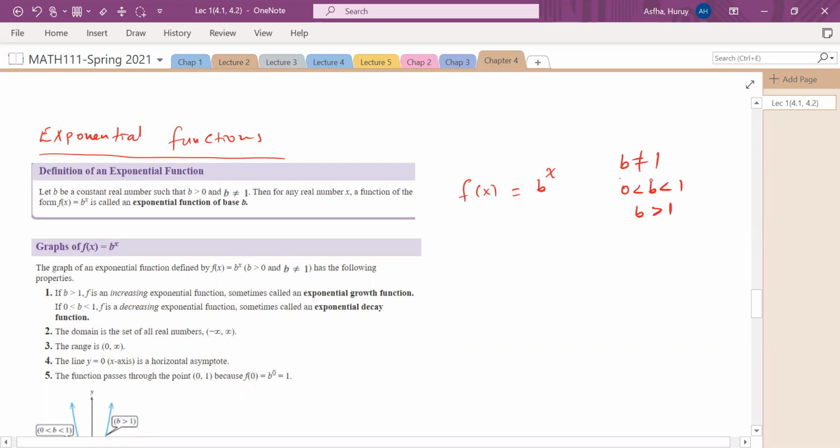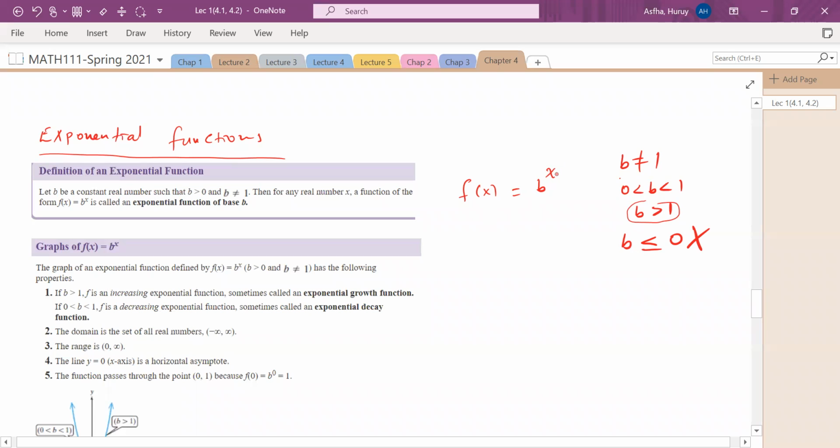B should be different from 1, and b cannot be less than 0. Okay, less or equal to, actually, b cannot be less or equal to 0. Okay, so b is a constant, and the value of b can be greater than 1 or between 0 and 1.